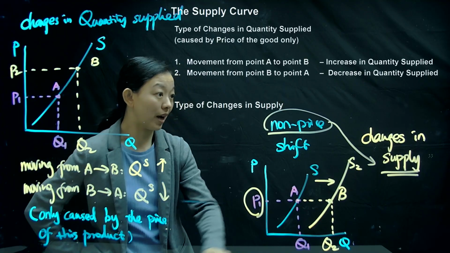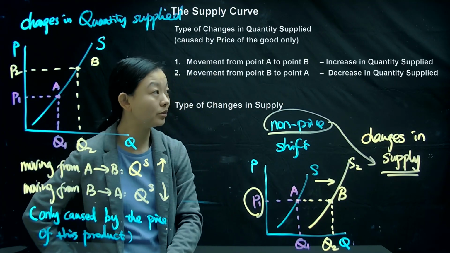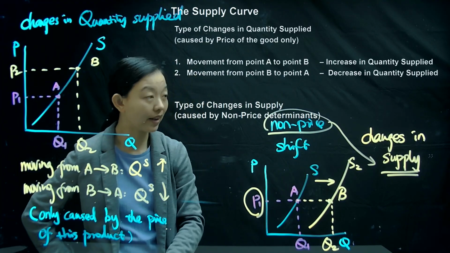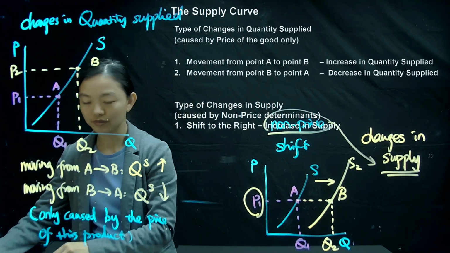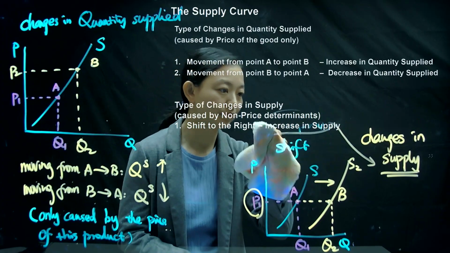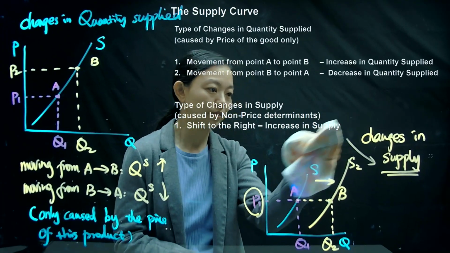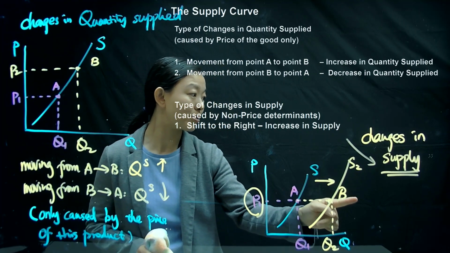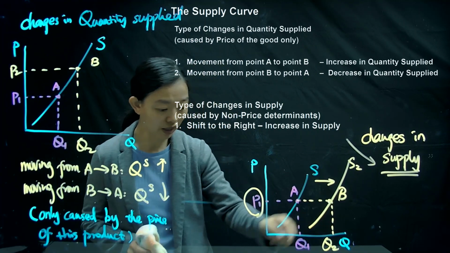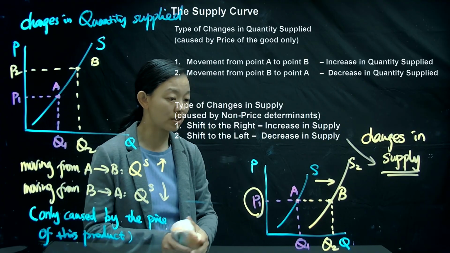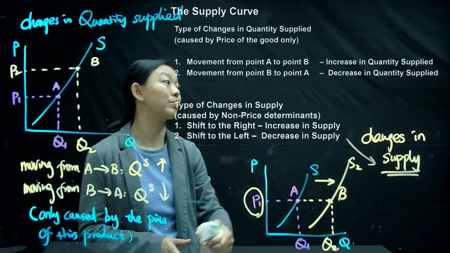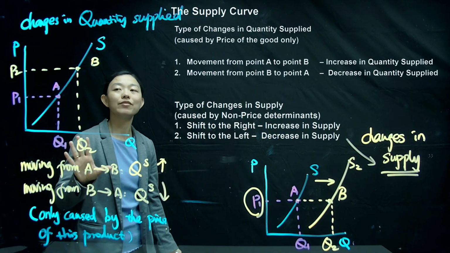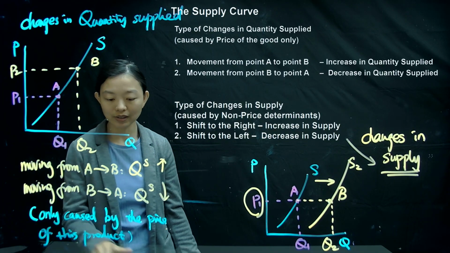The change in supply is caused by non-price determinants, and it might shift the supply curve to the right-hand side if supply increases, or to the left-hand side if supply decreases. Any questions about this part? Very similar to the demand side.